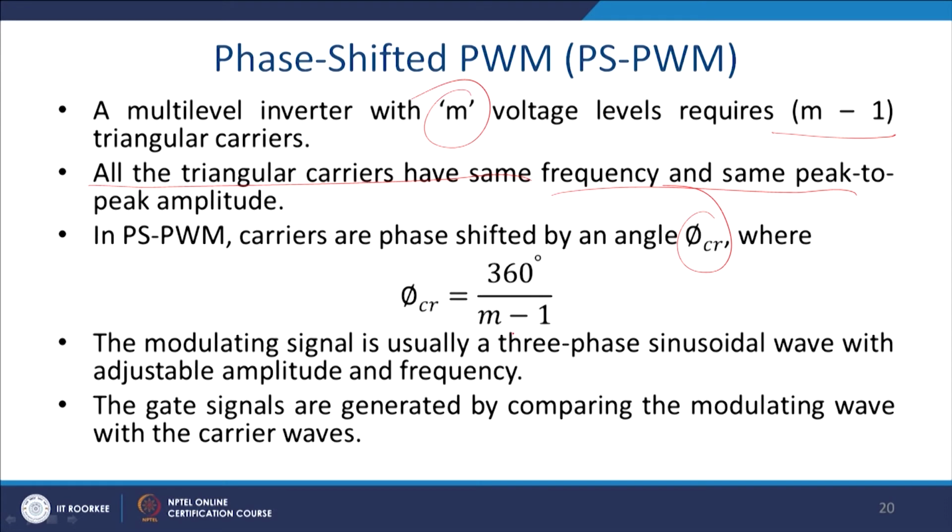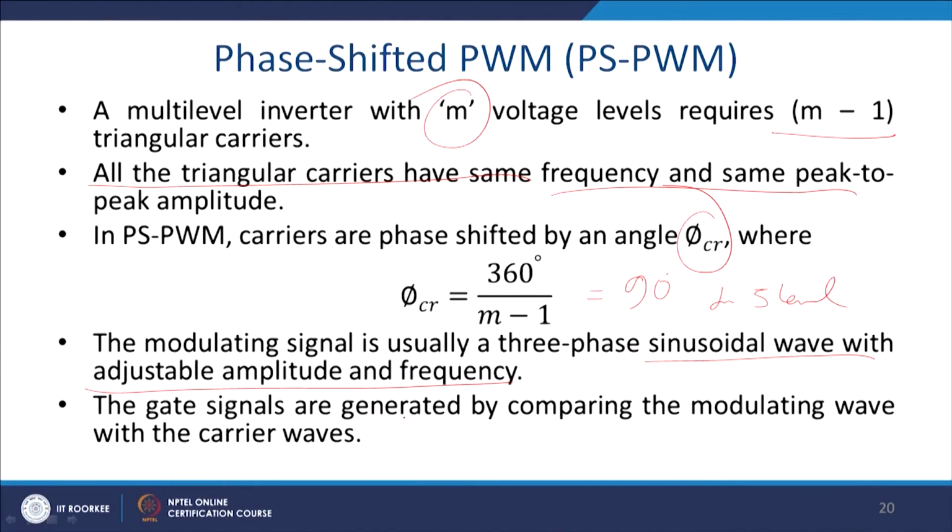So, for the 5 level you get a 90 degree phase shift, because m equals 5. The modulating signal is usually a 3 phase sinusoidal wave with adjustable amplitude and frequency. We can see that later in the next slide.